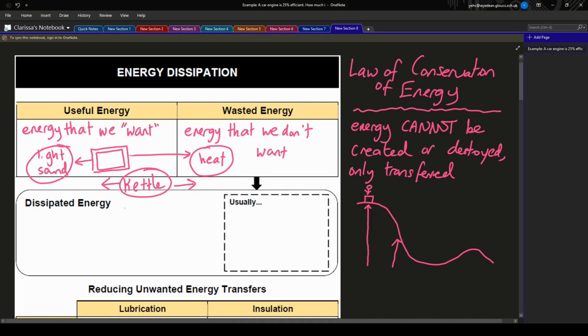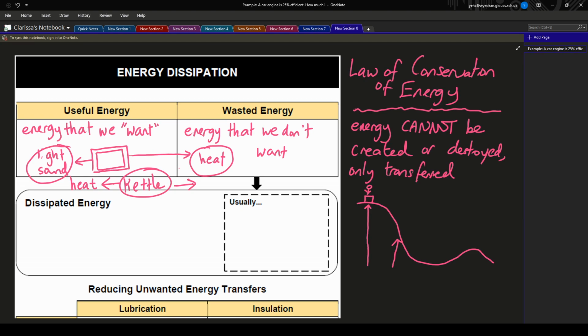Yes, spot on. With a kettle, we want heat energy. Notice how it's flipped around this time. So I don't want anyone here to think heat is always going to be wasted energy. Sometimes heat can be useful energy.